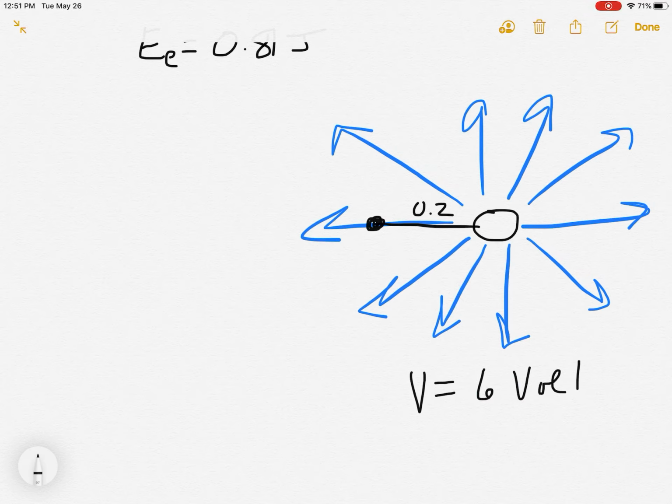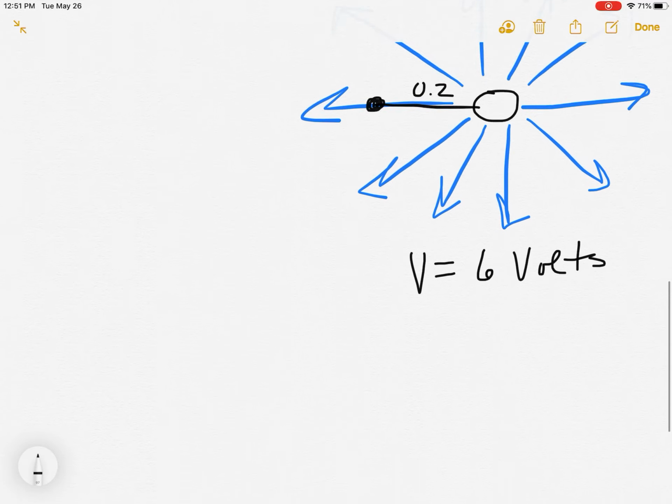I'm going to say that the voltage at that spot equals 6 volts. Okay? So that means that there is 6 volts, or 6 joules of energy for every coulomb of charge you try to push there.